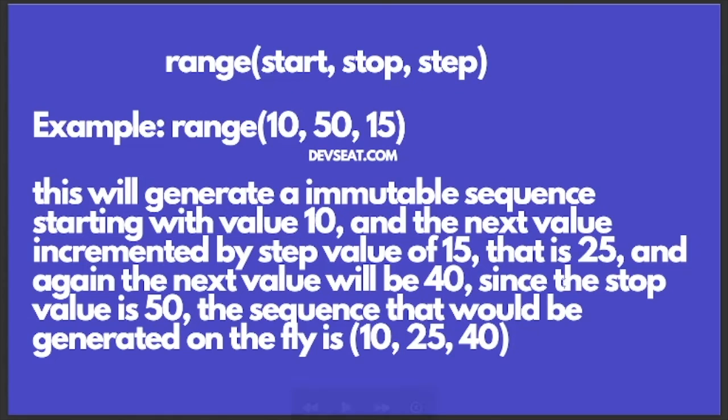Since the stop value is 50, the sequence that would be generated on the fly is 10, 25, 40. That is all about range of start, stop, step. This is all about today's class, and tomorrow we will be continuing with other sequence data types.